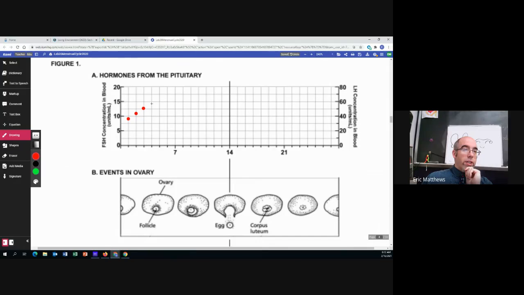So 14 is just below 15, 14, 14. You get the idea? Nice and easy. Color-coded if you're doing this in color. And then at the end, we want to try to draw a line through it. Now, I understand lines with a mouse or a touchpad, questionable. No problem. But let me show you the tricky part about this, because mapping out the FSH is nice and easy.